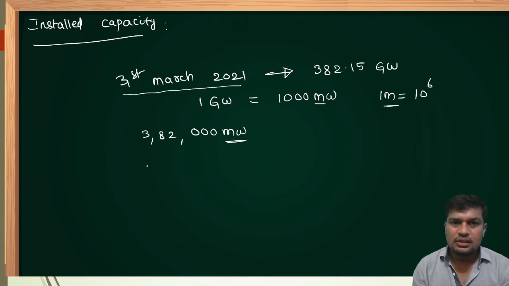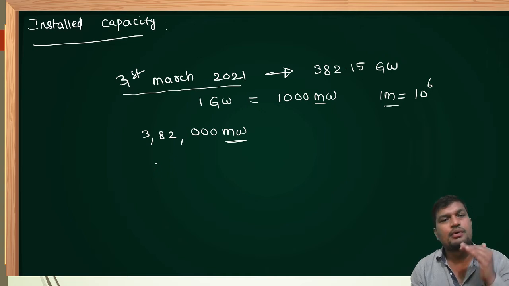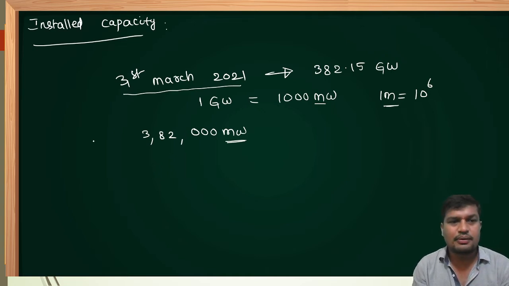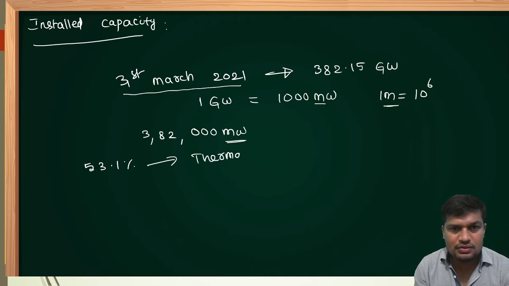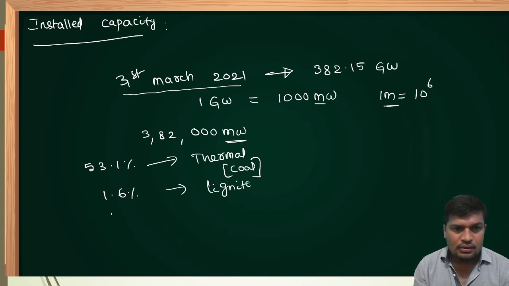Now, this much installed capacity we are generating by which power plants, sir? Maybe you have this question. 53.1% of the electrical power among this is generated from thermal plants, in which the fuel is coal. You know very well. 1.6% of electrical power is generated from lignite. 13.5% of electrical power is generated from hydro plants.